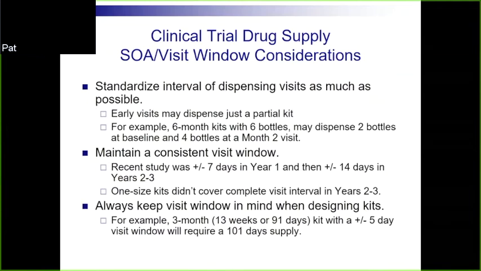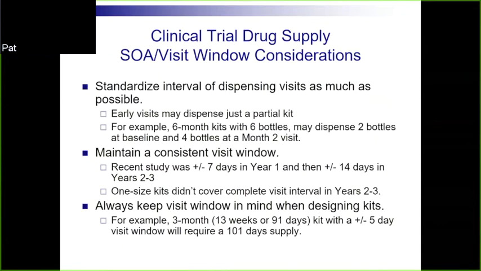Sometimes you might look at that first 6-month period and say, oh no, we've got a baseline visit and a 2-month visit, and then we fall into the 6-month kit. What we'll recommend then is let's stay with that 6-bottle, 6-month kit, but only give out 2 bottles at baseline, and then the remaining 4 bottles at the 2-month visit, and then we'll get into that 6-month kit cycle. So we really try and standardize the kits as much as possible.